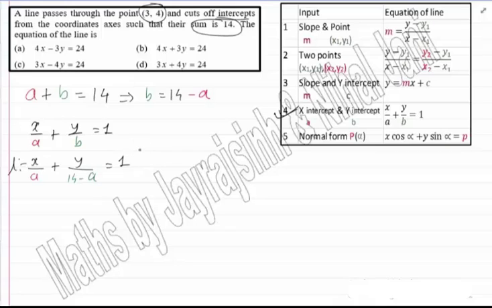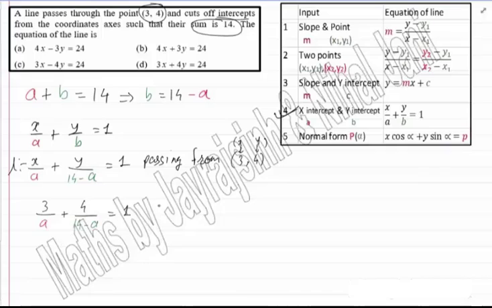We know that L is passing through the point (3, 4), right? So let's replace our x by 3 and y by 4. So here we will get 3 upon a plus 4 upon 14 minus a is equal to 1. Now let's cross multiply.